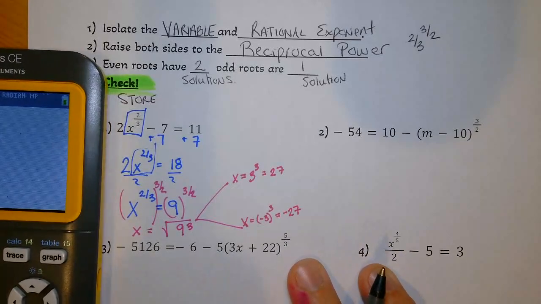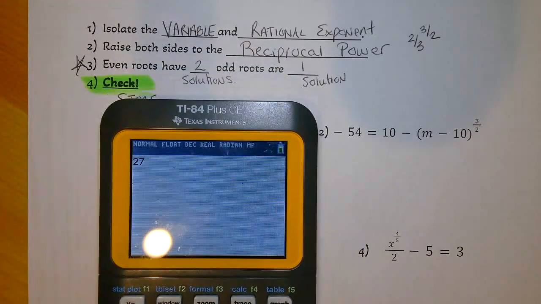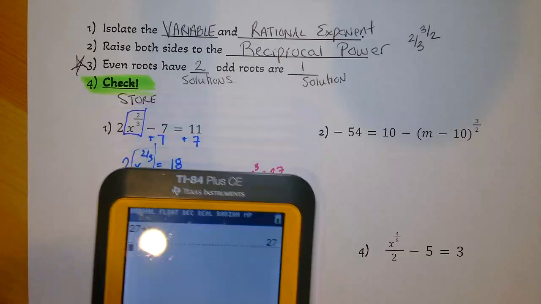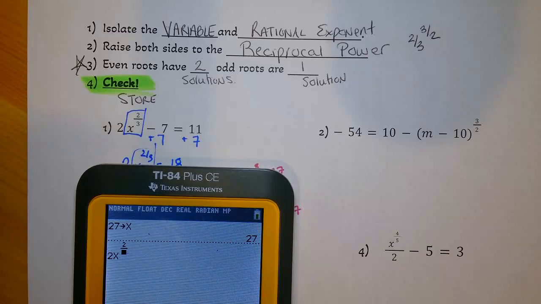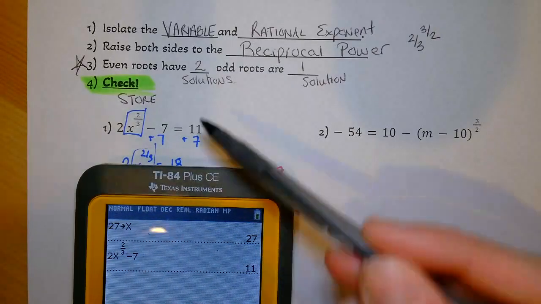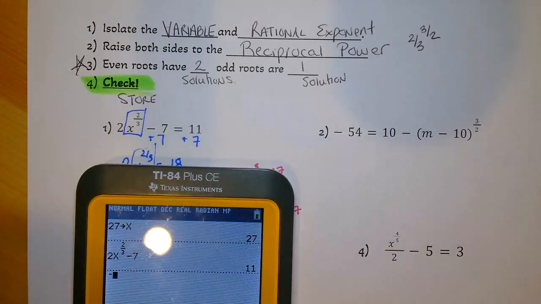So and this just takes time, right? There's nothing we can do about it. Let's start with positive 27. We're going to take that 27, store it into x, and we're going to type in our equation. 2x raised to the 2/3 minus, oopsie, gotta come down, minus 7. I get 11. That checks. I like 27. Now we've got to test -27, store into x.